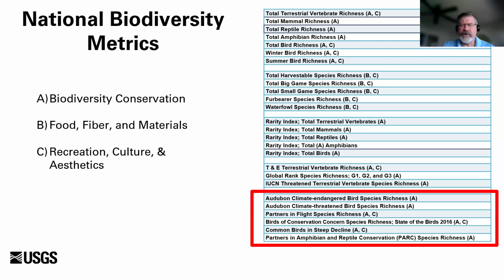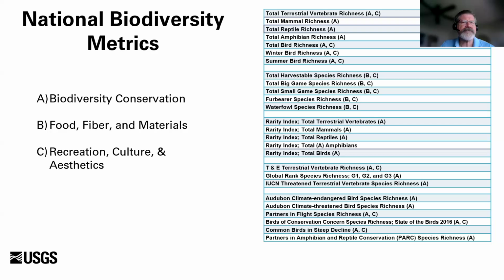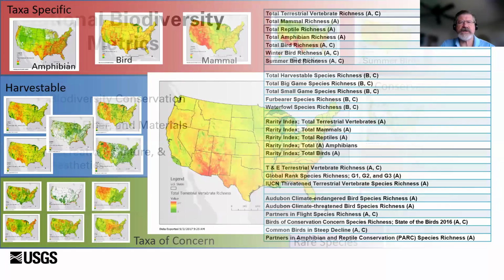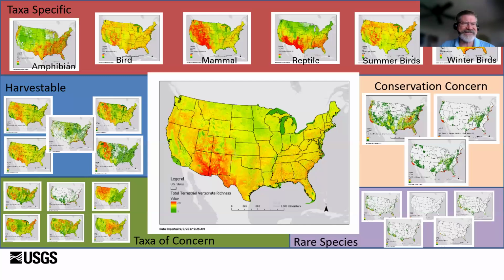So we were able to come up with all that, and we published that information out as a way to start to try to draw this ecosystem services effort, and provide us not values as in dollar, but values as in richness and importance. So this is just a compilation of all those different data sets. These are the maps that reflect those, whether they're taxa of concern, harvestable, rare species, or conservation concern.